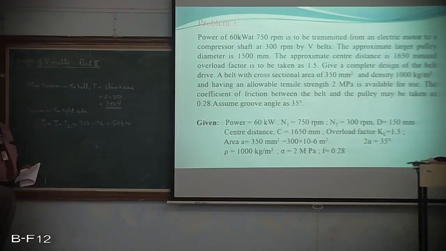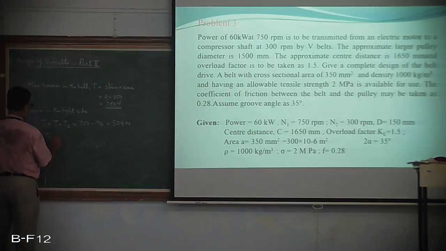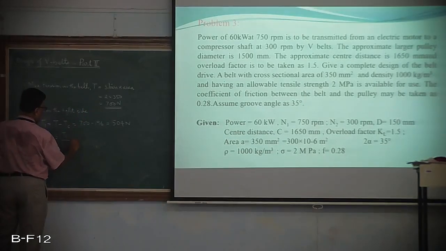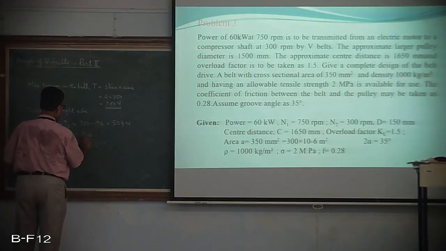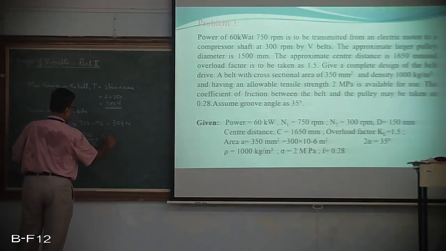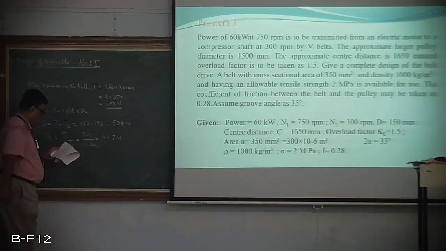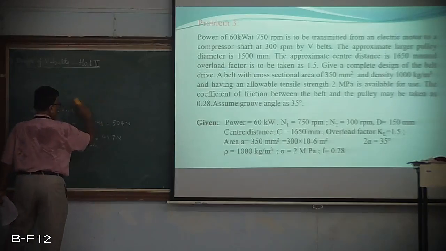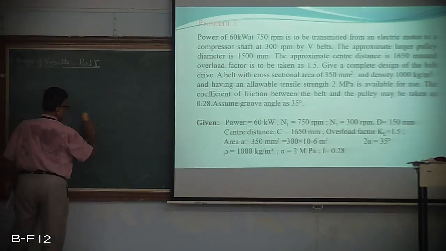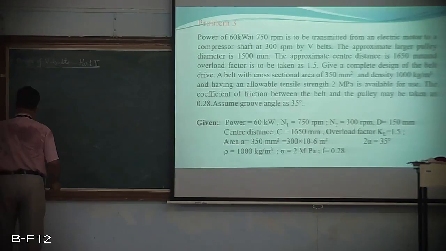This is the tension on the tight side. Because you know the T1 by T2 ratio, you can directly find T2 by dividing: 504 divided by 11.28, which you have already found out. This is going to be 44.7 Newton. So these are the tensions in the tight side and the slack side. Now let us find out the power transmitted per belt.